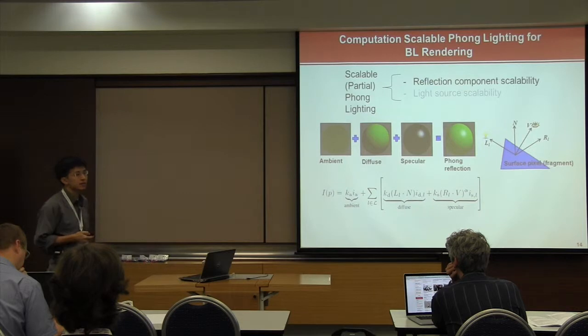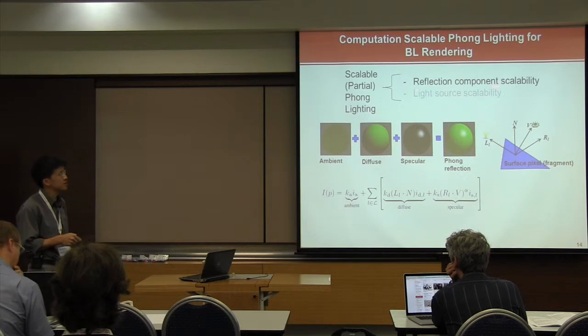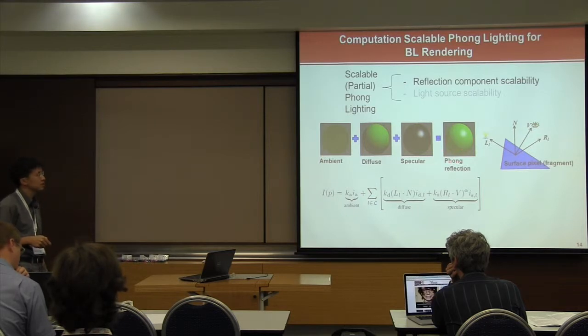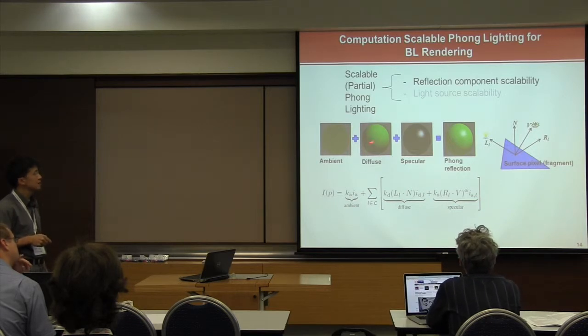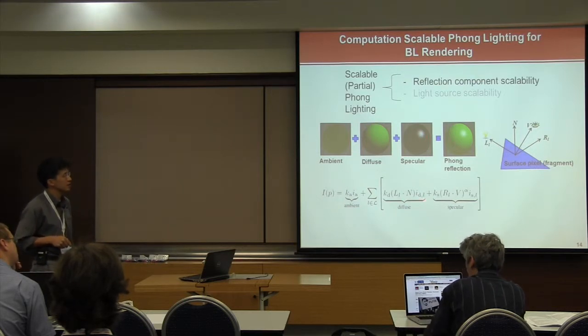To scale Phong lighting, we propose to perform computation using a subset of reflection components and light sources. Phong lighting models the surface reflection as the combination of three reflection components: ambient, diffuse, and specular. Different reflection components require different amounts of computation.